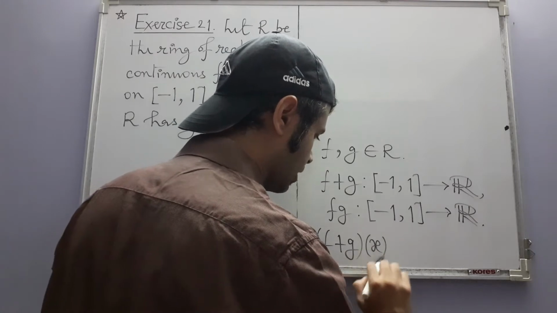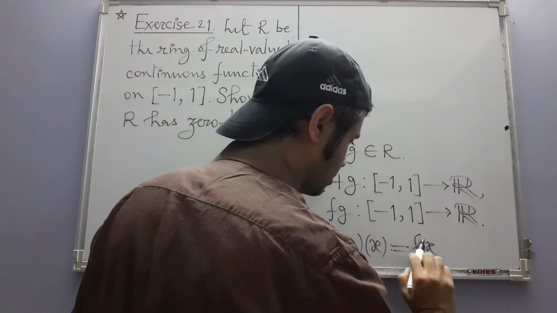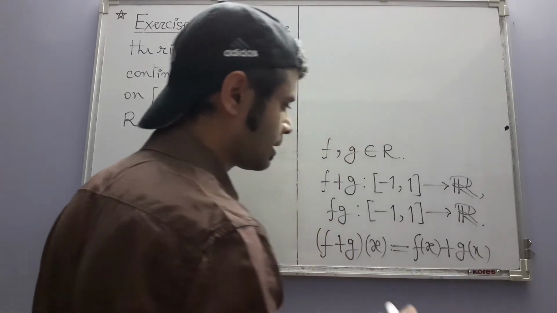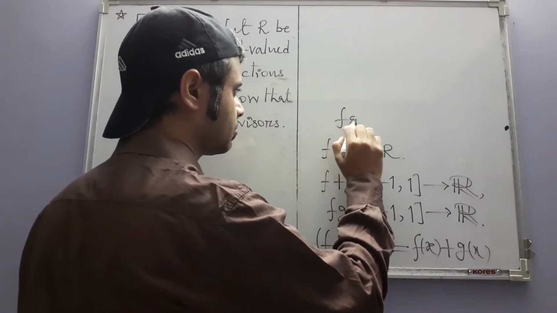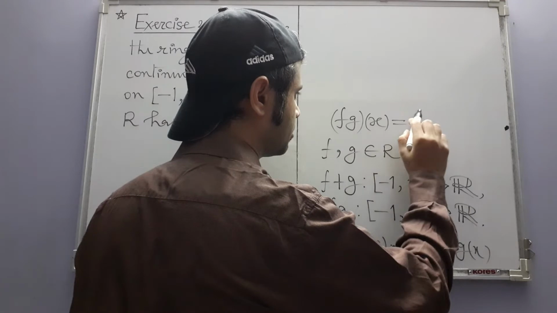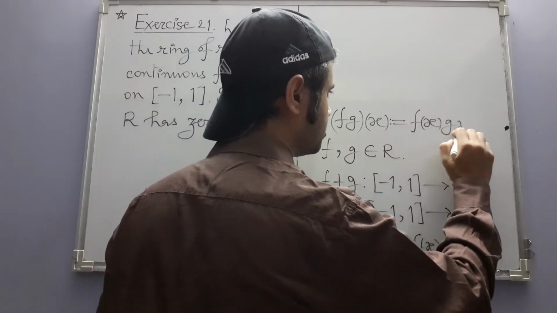F plus g at x is defined to be equal to f of x plus g of x, and just like that fg at x is defined to be equal to f of x times g of x.